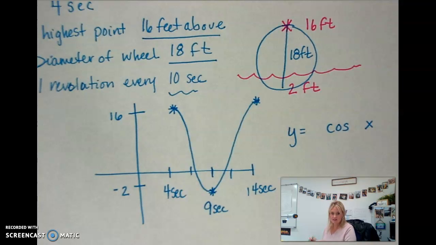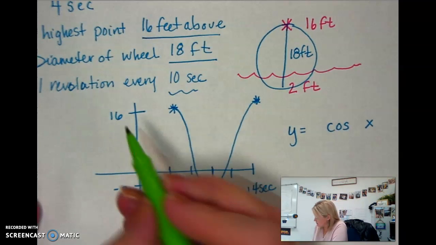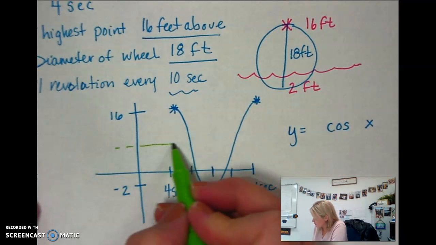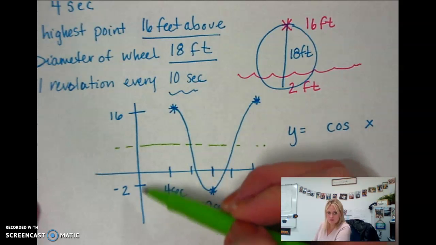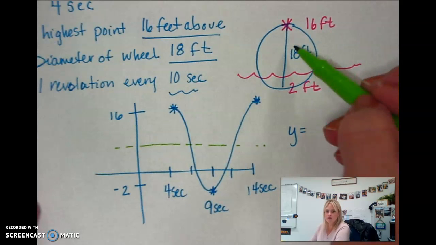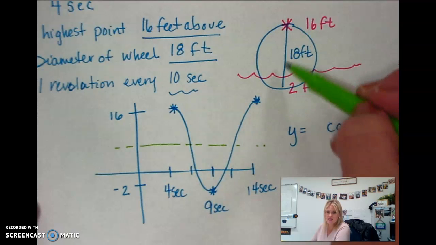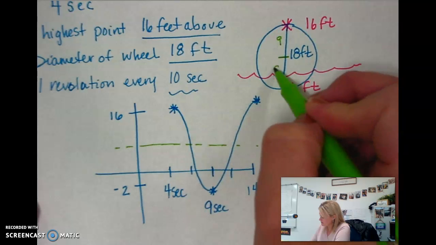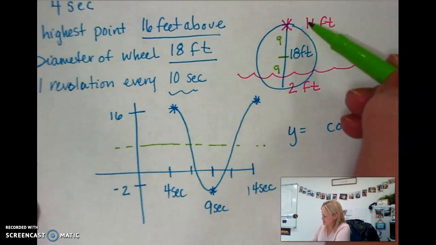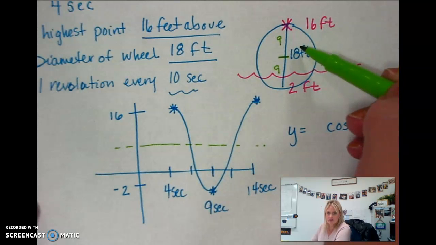The second thing that I need to look at is my midline. What is the midpoint between these two numbers? Well, think about your wheel. If the diameter is 18 feet, then the radius is 9 feet. So what is 16 take away 9?